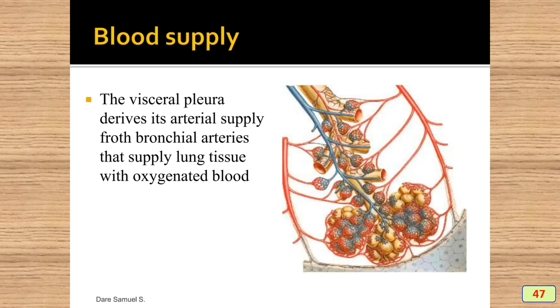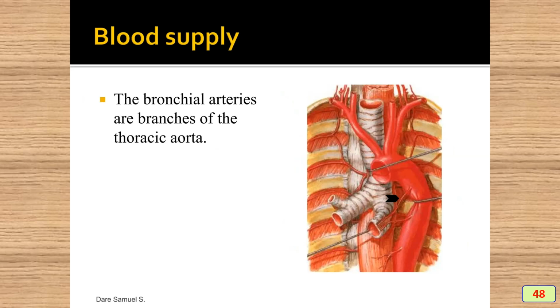For blood supply, the visceral pleura derives arterial supply from the bronchial arteries that supply the lungs. Here you can see the blue lines are the veins and the red ones are the arteries. The bronchial arteries are branches of the thoracic aorta.